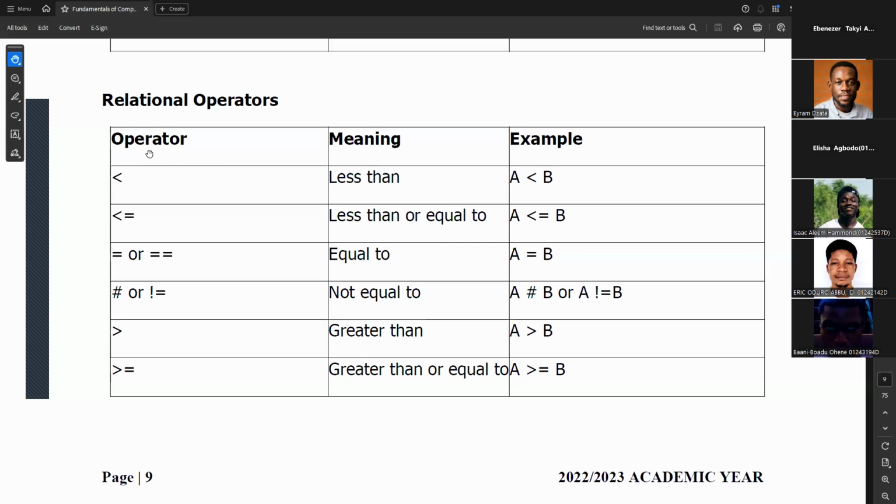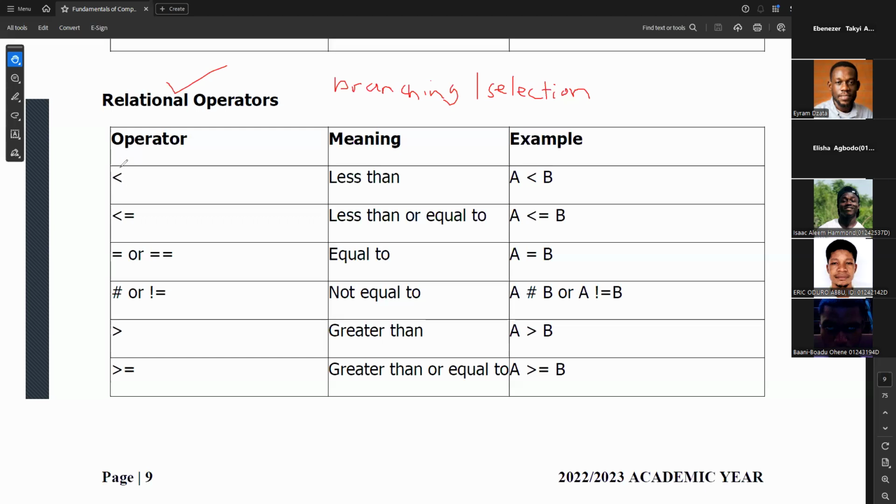Remember we talked about the branching structures, or the selection or decision-making structures. Now, these structures work based on conditions, and these conditions use the relational, or what we call the conditional, operators.